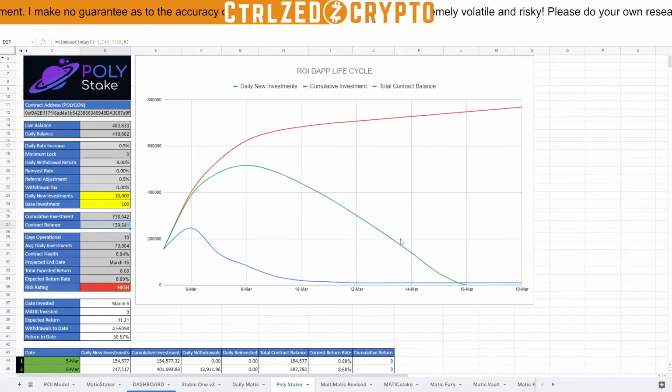Now, even if people hit that snooze button or hold for longer, you'll see the curve of the actual contract come up here and maintain a much higher rate. But in reality, once you get past this date where the contract owes more than it can pay, then the people who are holding beyond that date are taking a big risk.